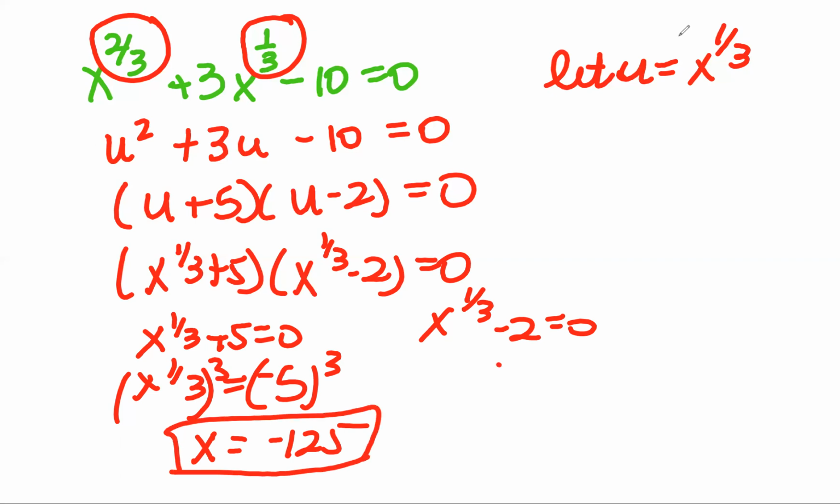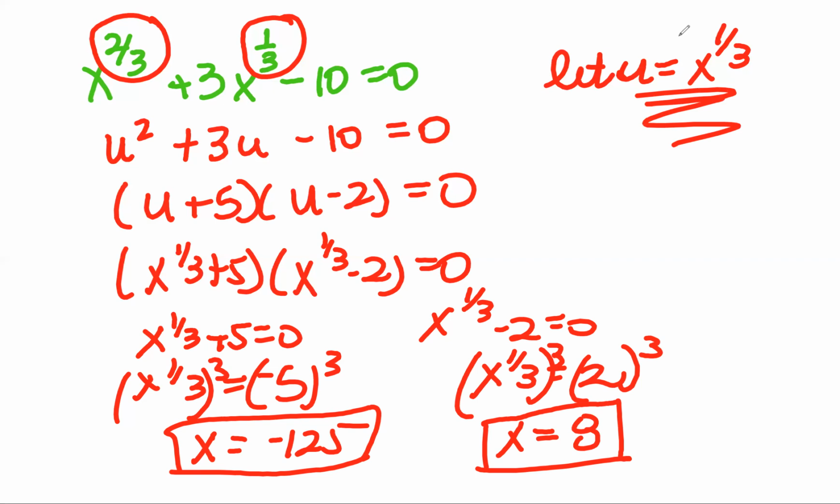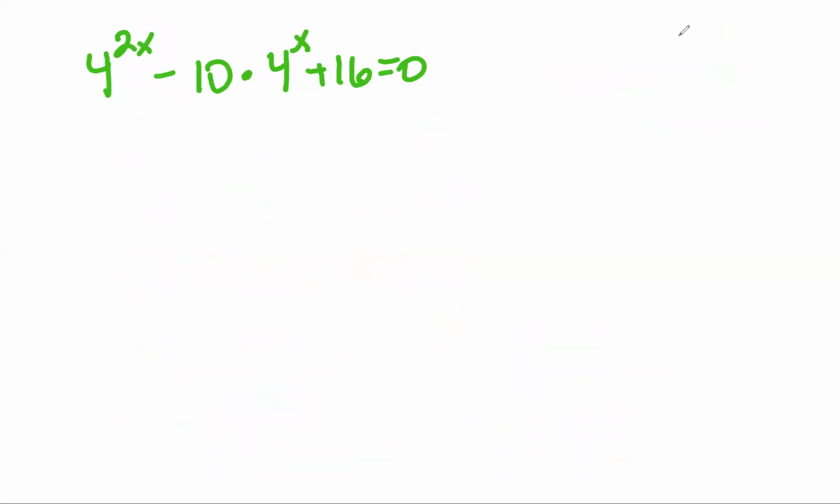Move over the 2. x to the 1/3 equals 2. Again, take it to the third power. x is equal to 8. And now I would have solved it. But let u is always a nice, helpful thing. If you don't need let u, you could just begin factoring it yourself. But a let u is always a nice fallback to go on.